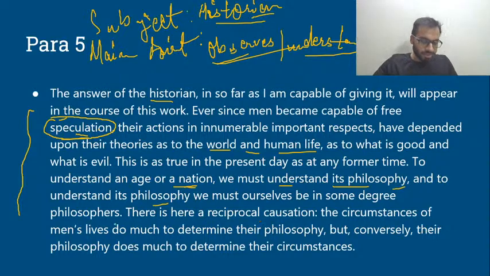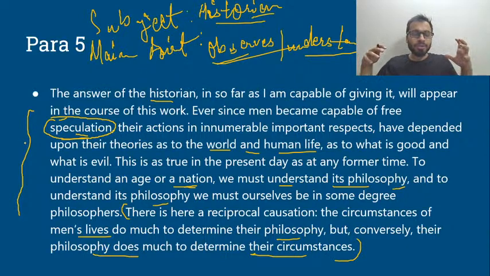And then there is the conclusion: there is here a reciprocal causation. The circumstances of men's lives do much to determine their philosophy, but conversely, their philosophy does much to determine their circumstances. So we are trying to build a system to understand the world, right? More than speculation, it will be about how we understand the world, how we make sense of everything around us, from the historian's point of view.